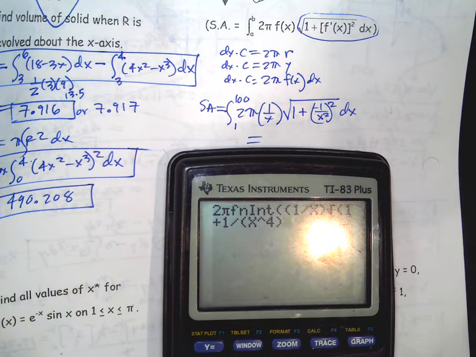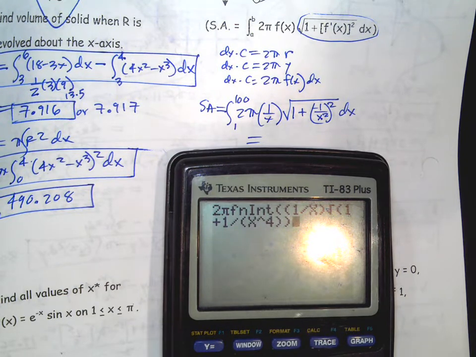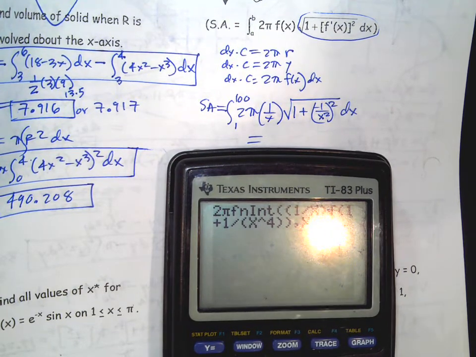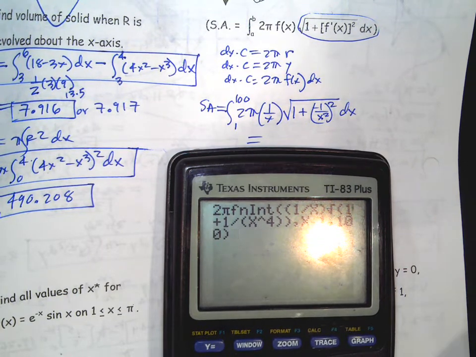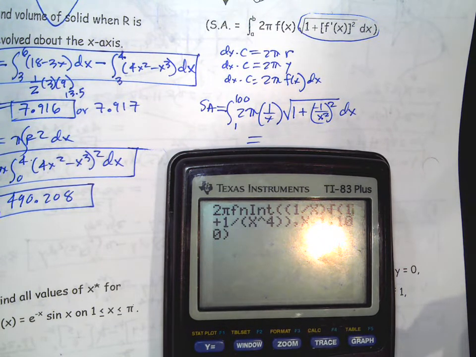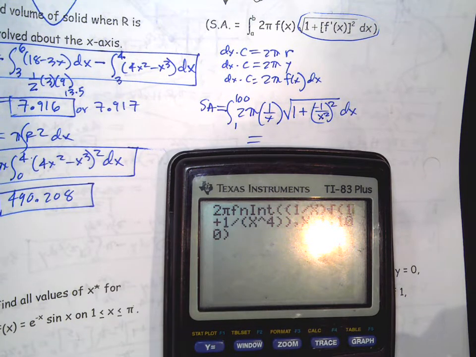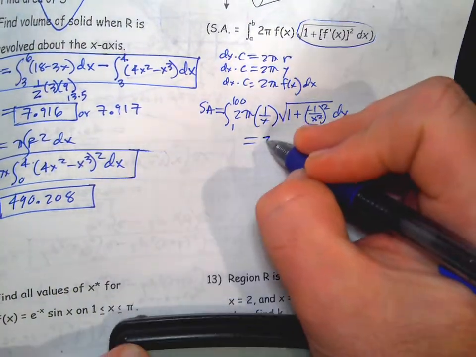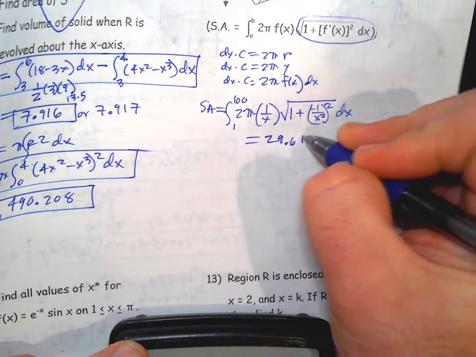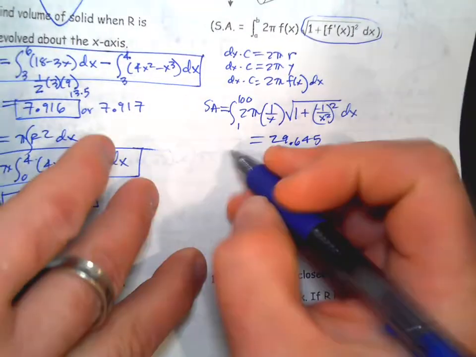Close that, comma x, comma 1, comma 100. Patiently wait. Hopefully I typed it right. 29.645.